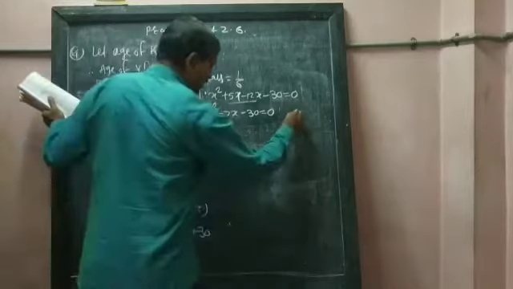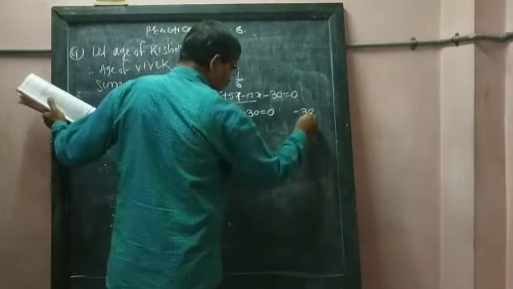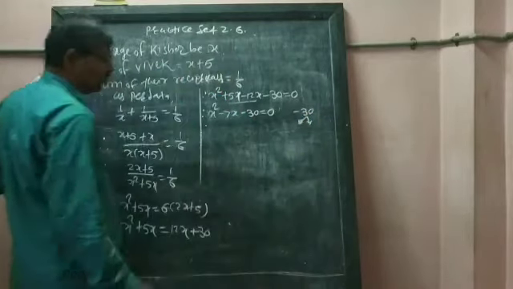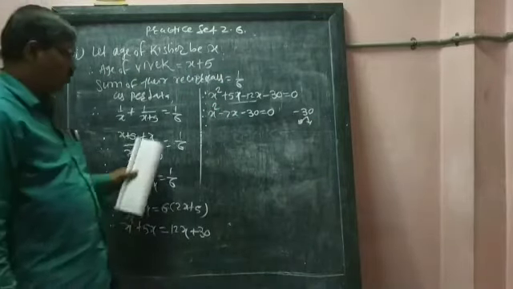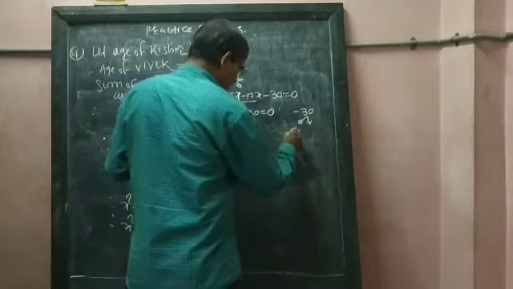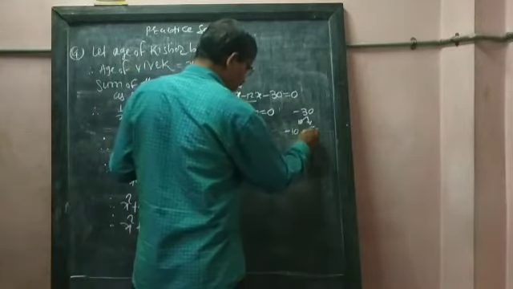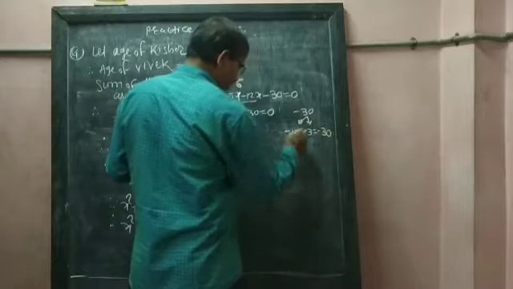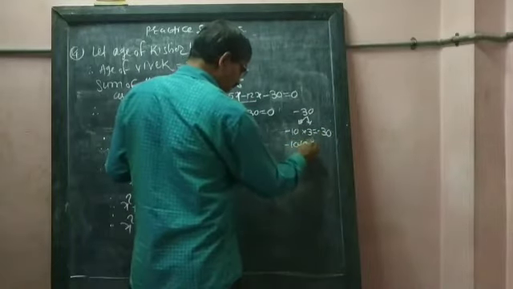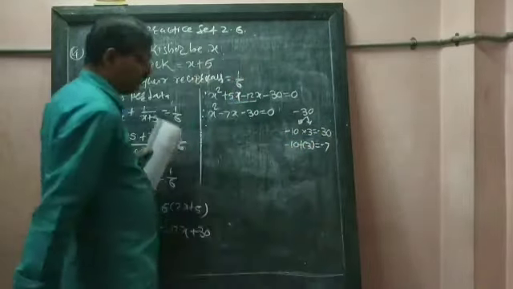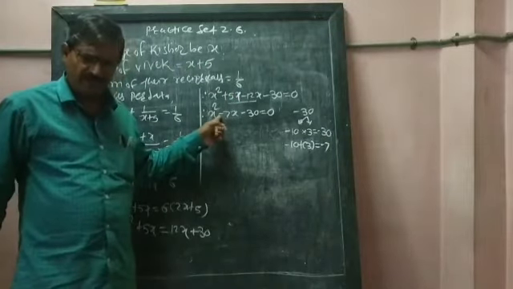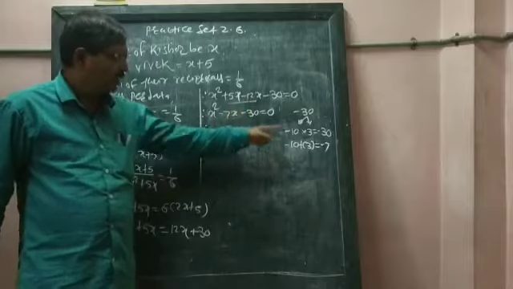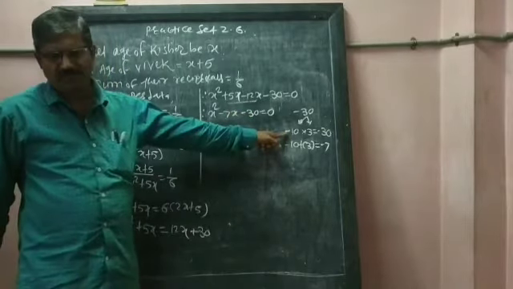Now this minus 30, we should split so that their multiplication equals the constant term, means minus 10 into 3 is taken, you will get minus 30, and minus 10 plus 3 gives the middle term. Because the middle term is negative, I give the negative sign to the greatest factor.